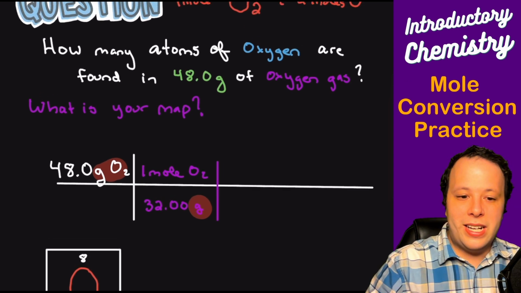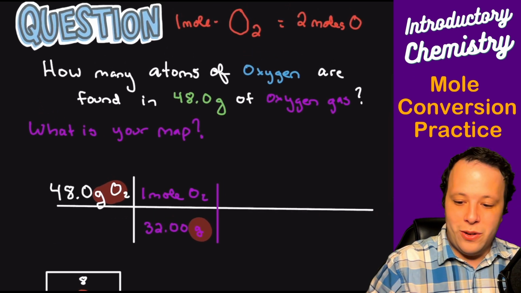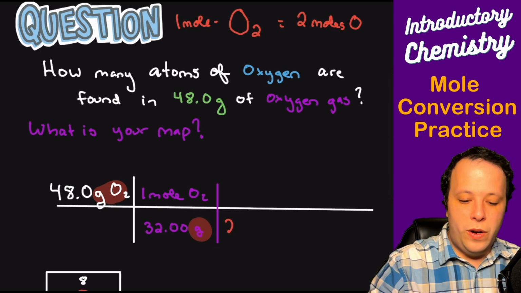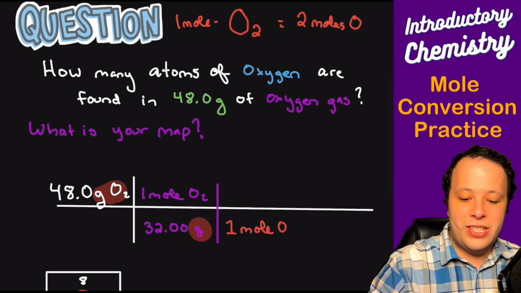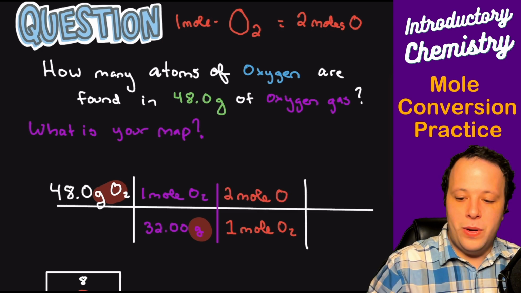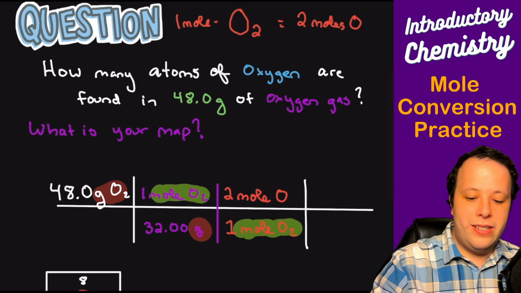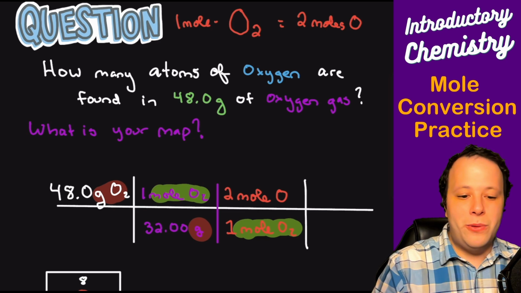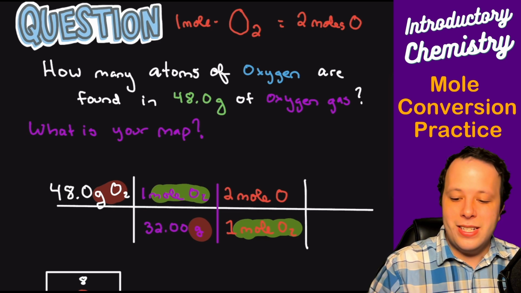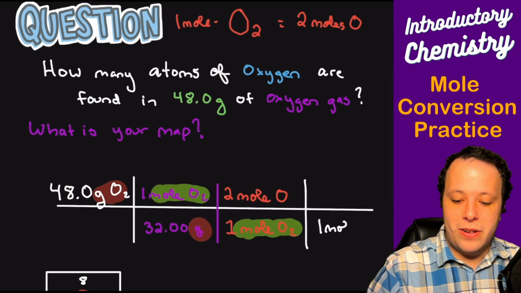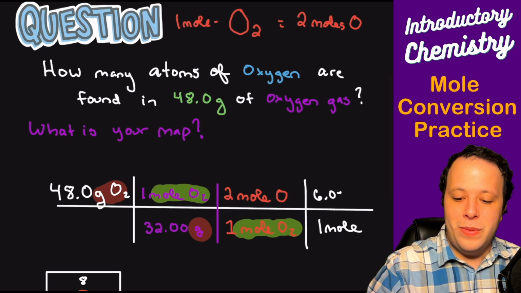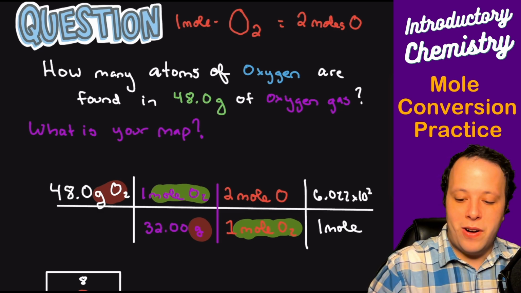Now we want to use that conversion term that we defined earlier, which was 1 mole of oxygen gas is equivalent to 2 moles of oxygen atoms. Now when we do that, we can see that our units cancel again. Great. And now, being that we want to know how many atoms, this is when we use Avogadro's number to define how many atoms we have in our problem.